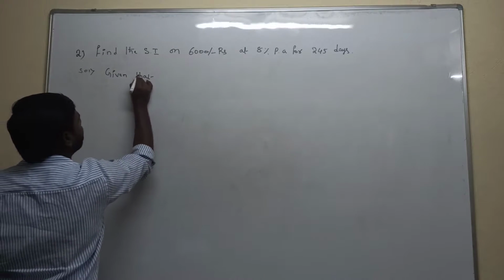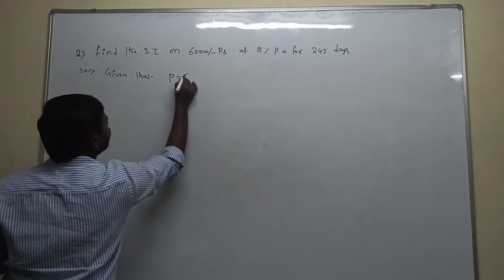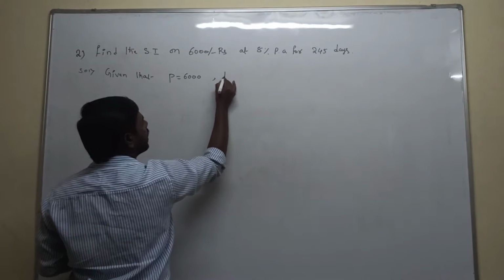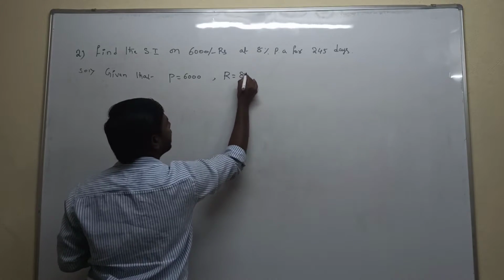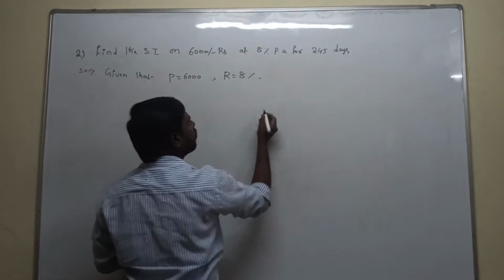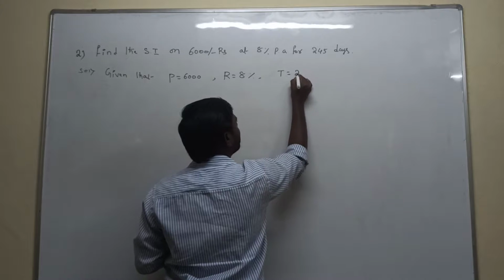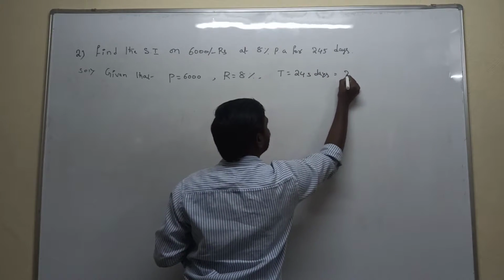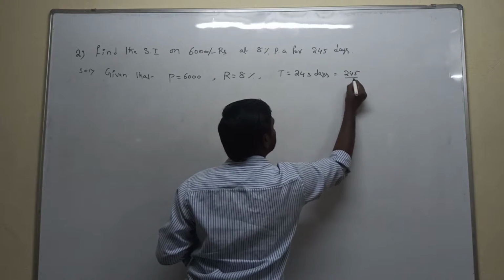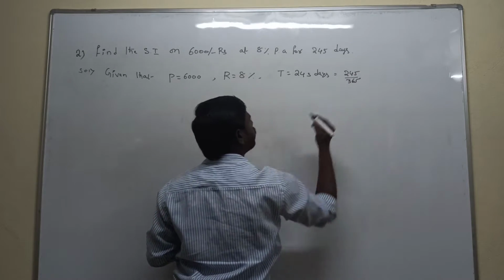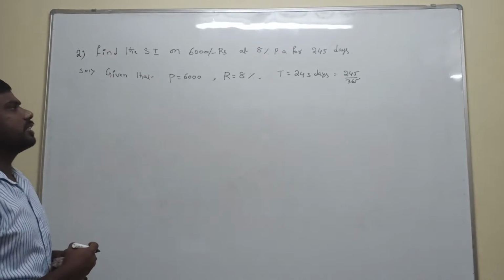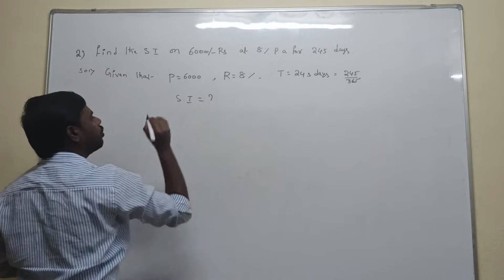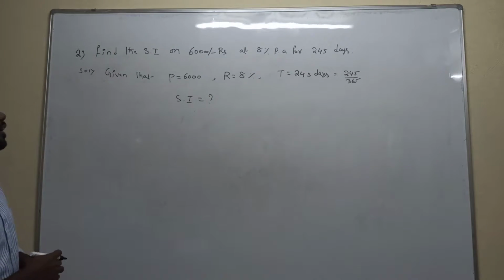Given that, the principal P is 6,000 rupees, the rate of interest is 8%, and the time is 245 days. Converting 245 days to years means 245 divided by 365. We need to calculate simple interest.